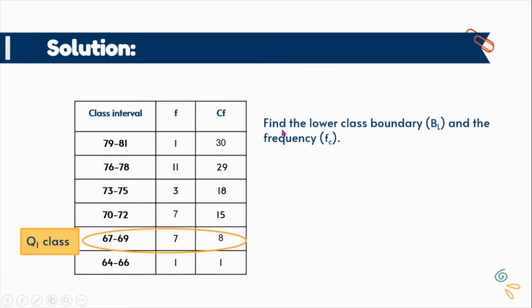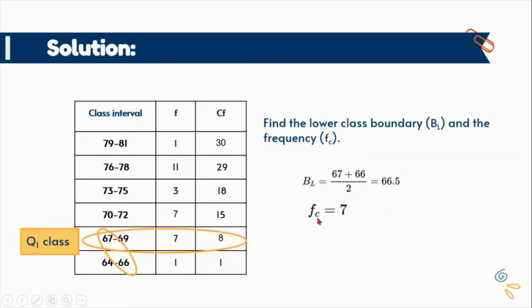Next, find the lower class boundary B sub L and the frequency F sub c. Using 67 plus 66 divided by 2, that's our B sub L, and that is 66.5.